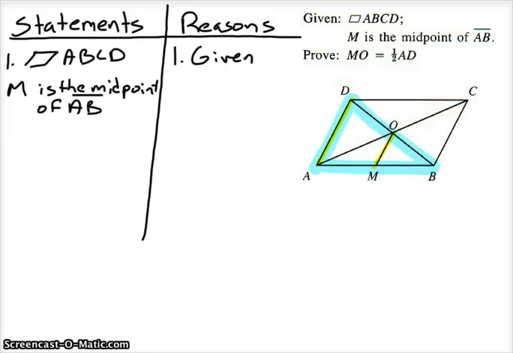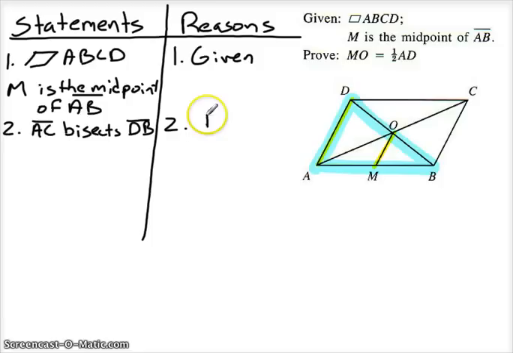And I know that since it's a parallelogram that the diagonals bisect each other. So I'm going to write that back down. So I know that AC bisects segment DB. And our reason is diagonals of a parallelogram bisect each other.